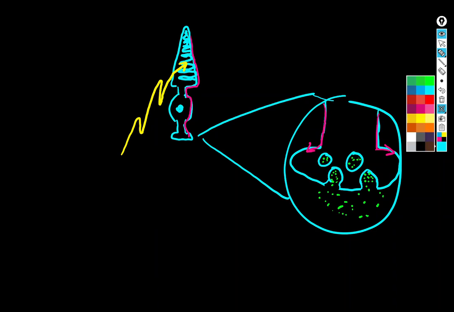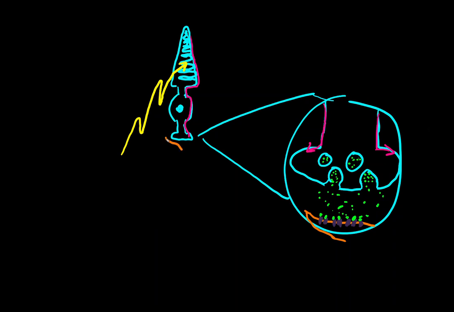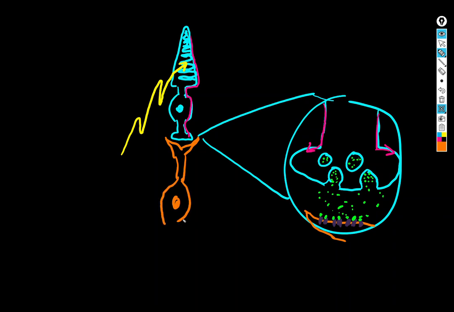And then that's going to bind to receptors on the dendrite of a bipolar cell. So the glutamate binds, and that generates a graded potential, which ultimately excites the bipolar cell. And the bipolar cell has an action potential as a result of this, in pink here, receptor potential.